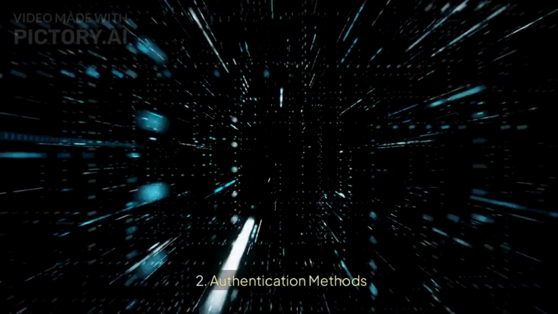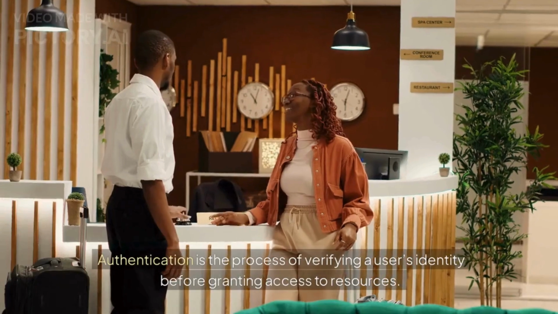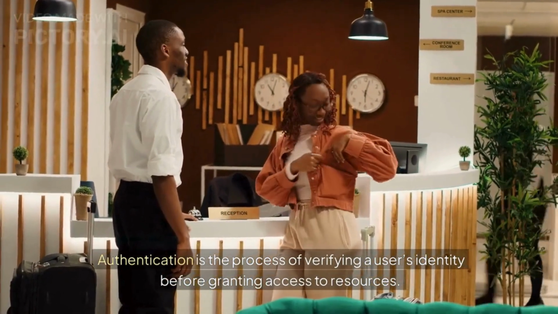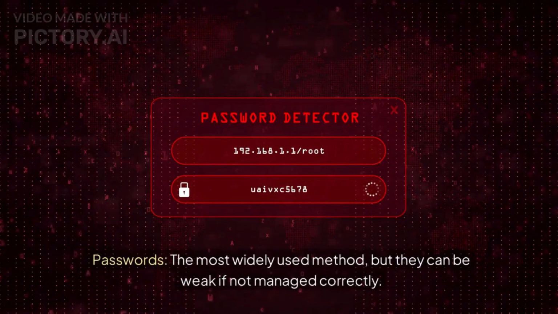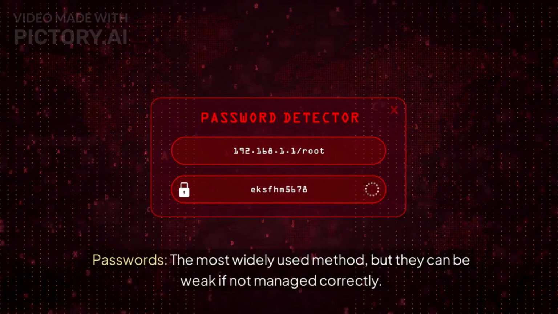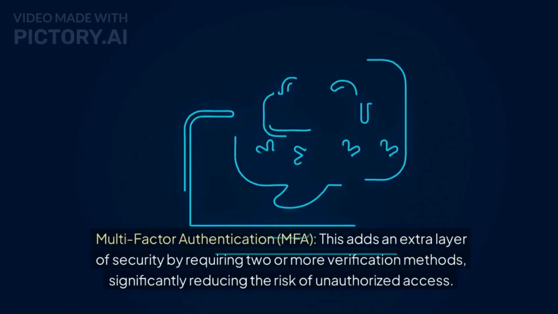2. Authentication methods. Next, let's discuss authentication methods. Authentication is the process of verifying a user's identity before granting access to resources. Common methods include passwords, the most widely used method, but they can be weak if not managed correctly. Multi-factor authentication, MFA.